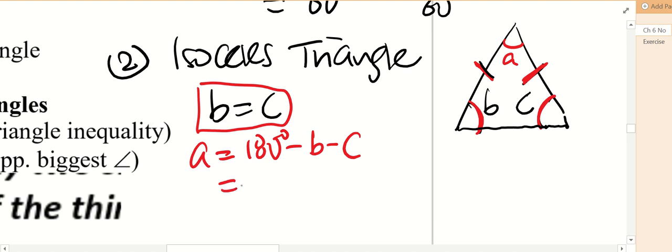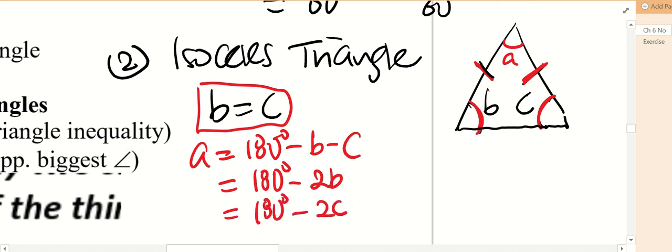So I can also rewrite it as 180 degrees minus 2 of B, which also equals 180 degrees minus 2 of C, since they are the same thing. All right, so just take note. Please have this down by the side of your notes. So for isosceles triangle, A is not equal to B, not equal to C, but B and C are equal.